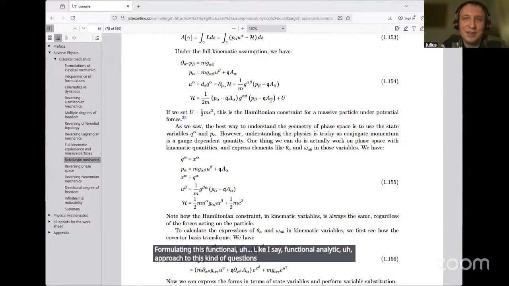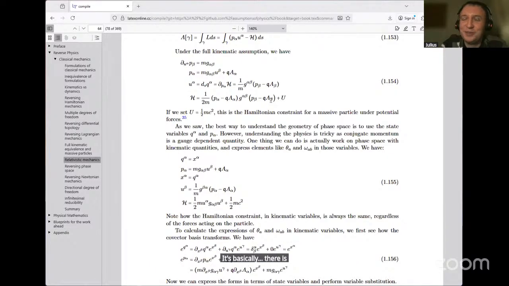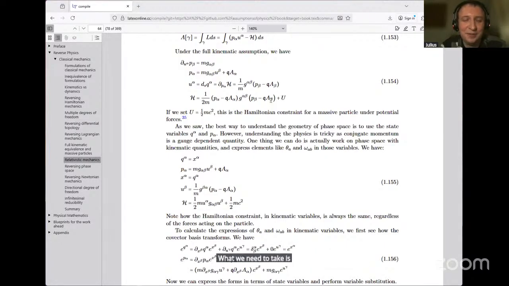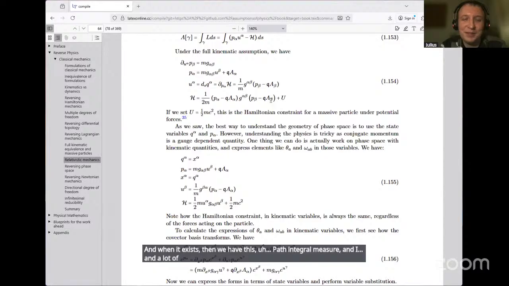For fields, there is a construction of cylinder measure or cylinder pre-measure, and then what we need to take is something like a projective limit, and when it exists, then we have this path integral measure. A lot of things look similar, but to write it carefully takes time because unlike with Riemannian measure, in this functional measure, it does not always converge, and then problems may arise.